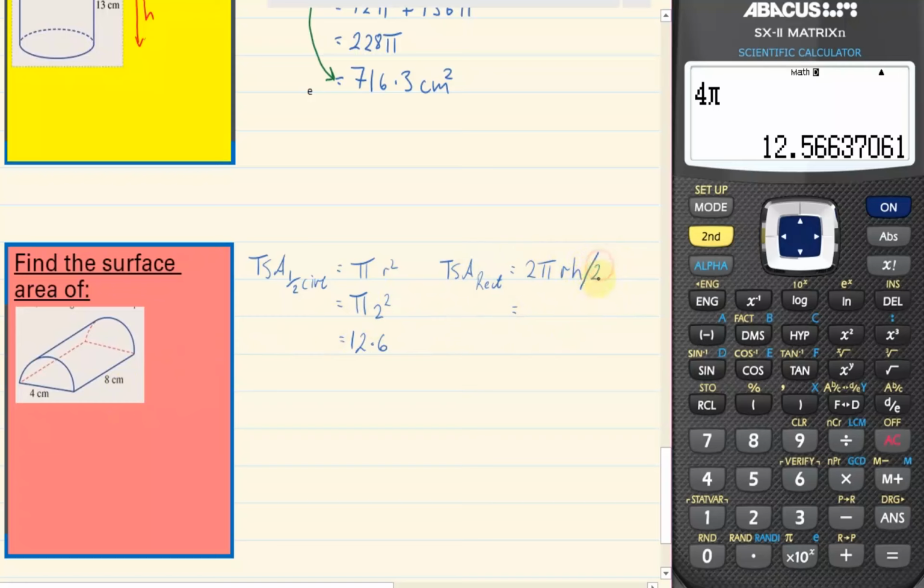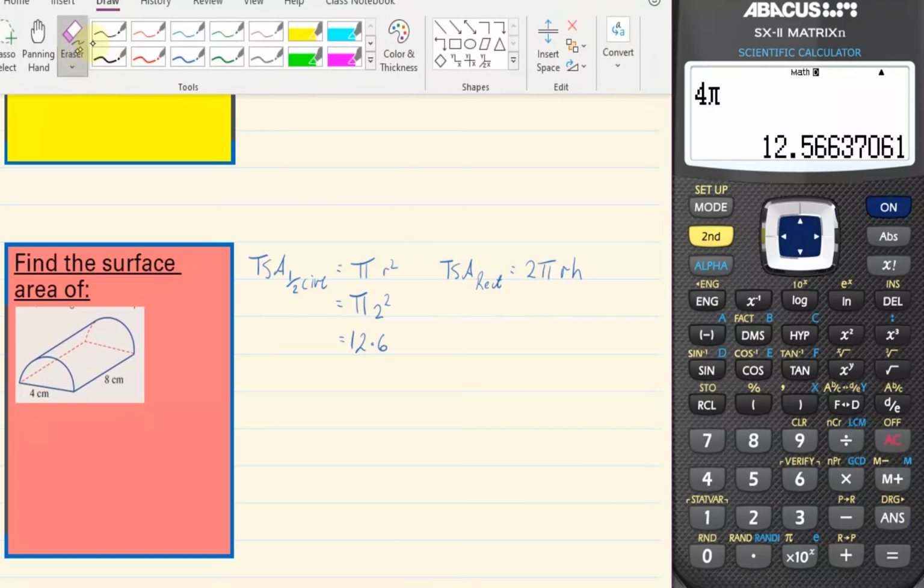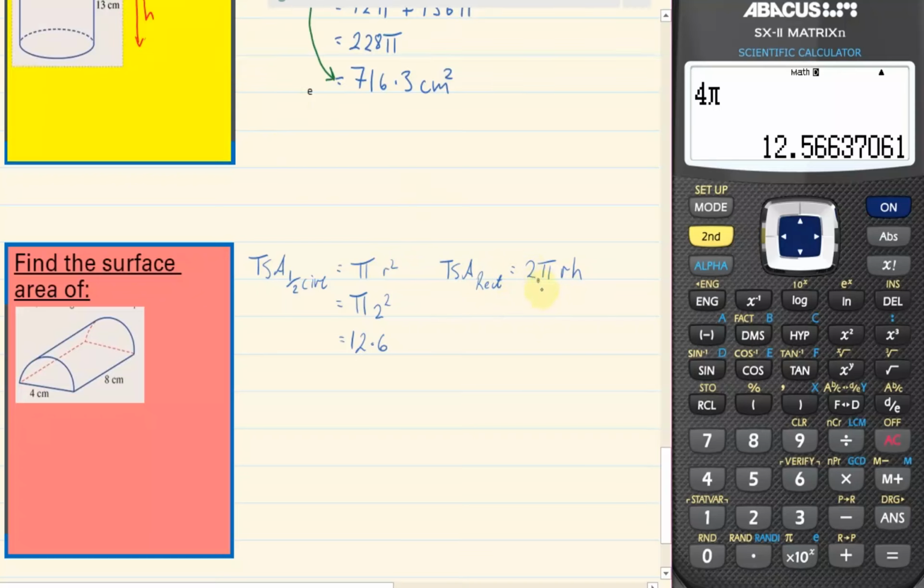Okay, so we're going to divide that by 2. Strange things going on with my board here. So let's divide that by 2.